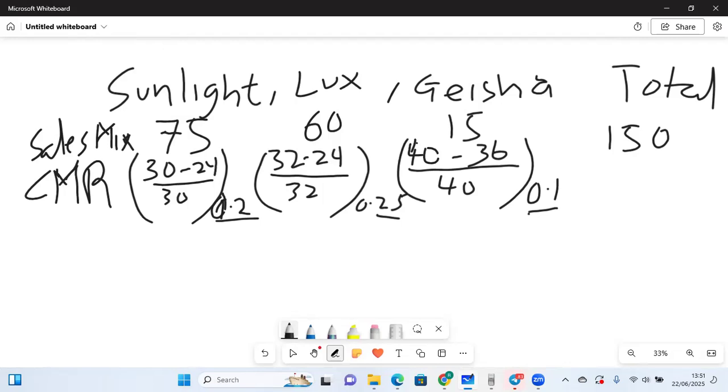So you are going to get a total contribution margin ratio of 0.2 plus 0.25 plus 0.1, so 0.55. That is the total contribution margin ratio.